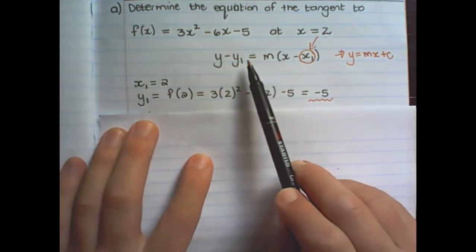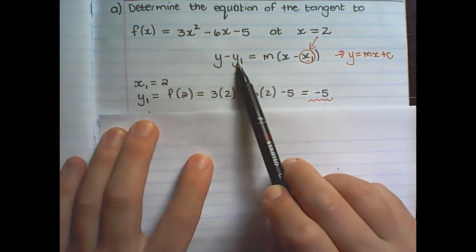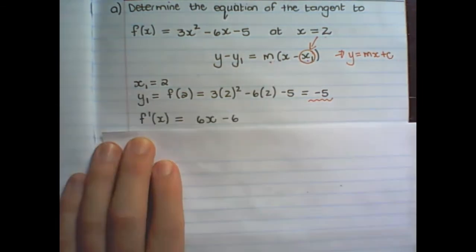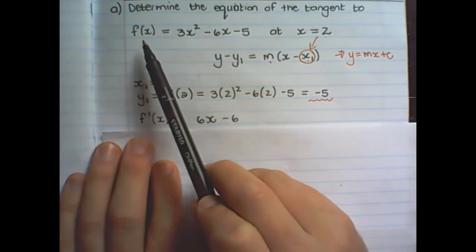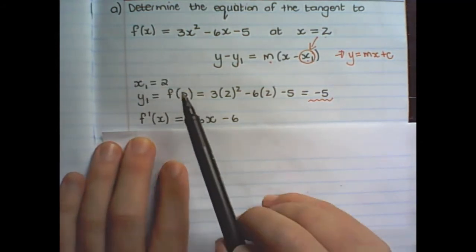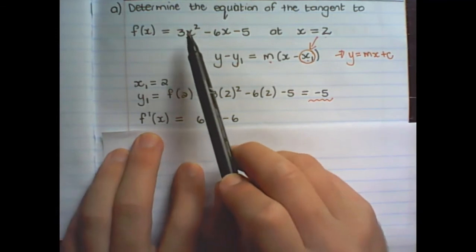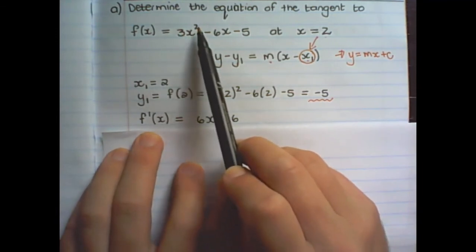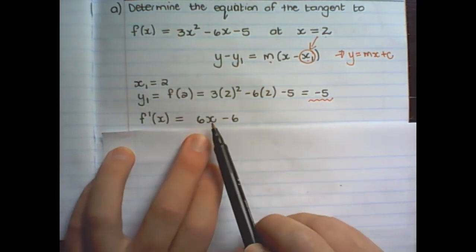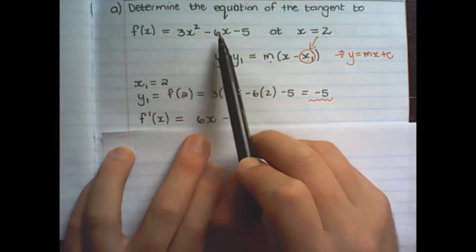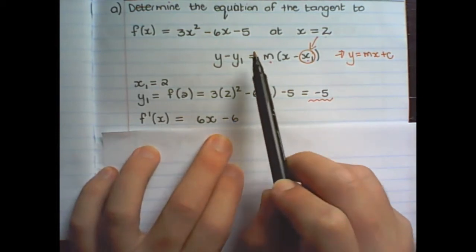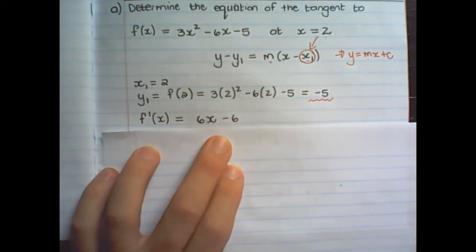So now we have x1 and y1, and we only need the gradient. In the previous lessons we learned that the first derivative of f(x) is an equation for the gradient. So if I take the first derivative, 3x squared differentiates to 6x, negative 6x will differentiate to negative 6, and the negative 5 will fall away.